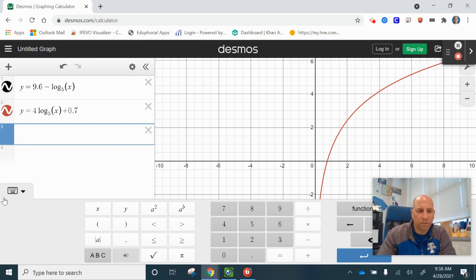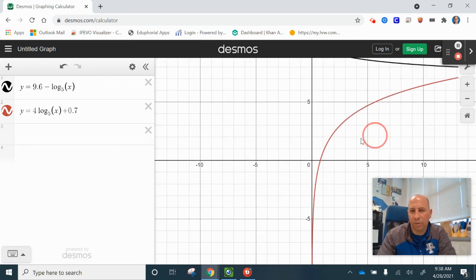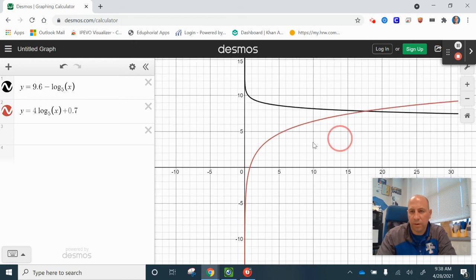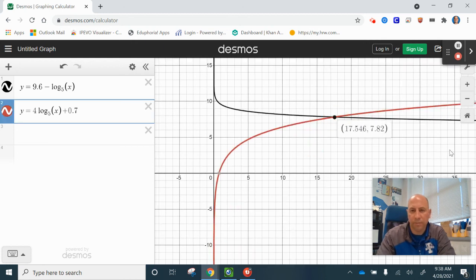Okay, so let's minimize that, and then we're going to zoom out, and then you can see they intersect right there, and they want 2 decimal places, so it's 17.55.